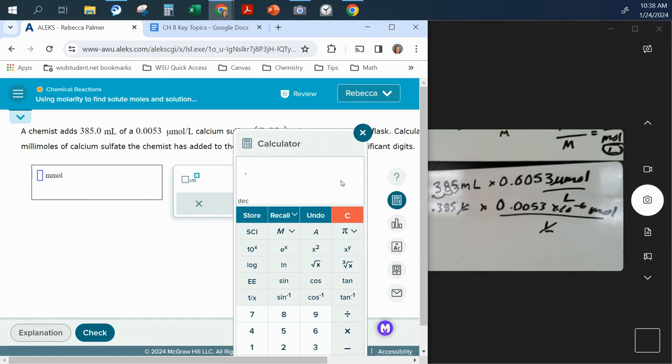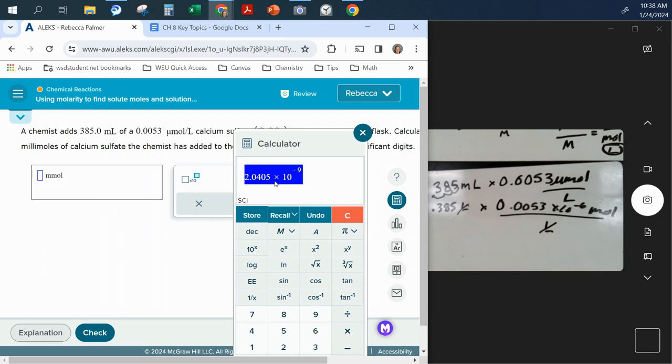Okay, so we're going to do 0.385 times by this value, 0.0053 times 10 to the minus 6. This is the value in moles.